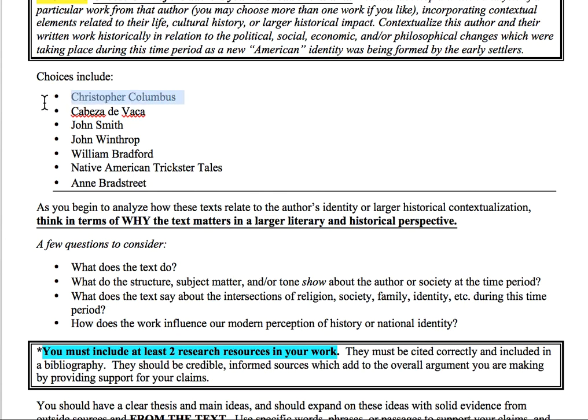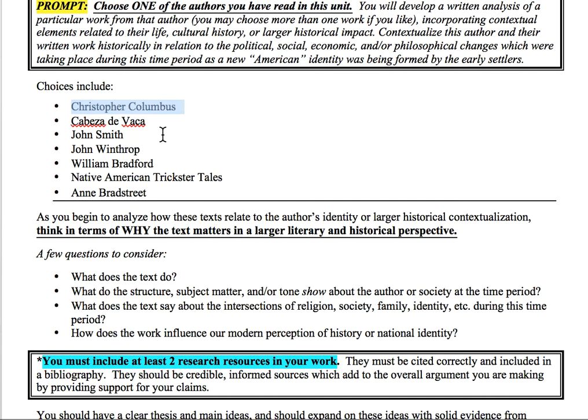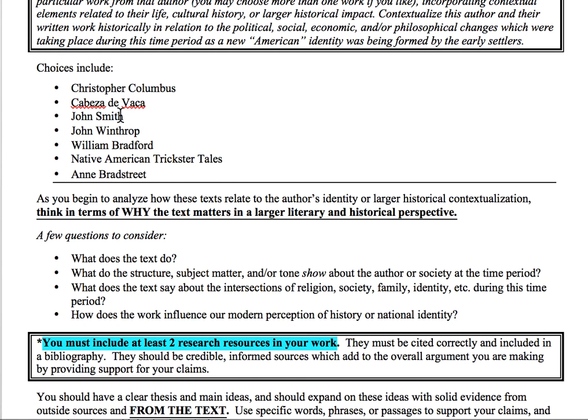You could do a singular work, but that's how you're really breaking down the text itself and then putting that in context with the biography of the author and the historical context. You do the same thing with John Smith, same thing with Winthrop and his religious movement. You could do very similar things with the Trickster Tales and how they view particular cultures and ideals. You could also do the same thing with Bradstreet, where you really look at her focus on the family.